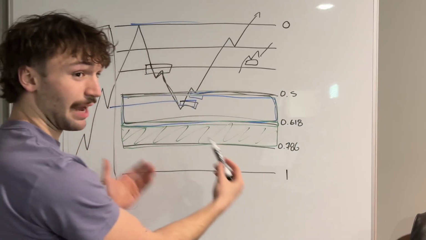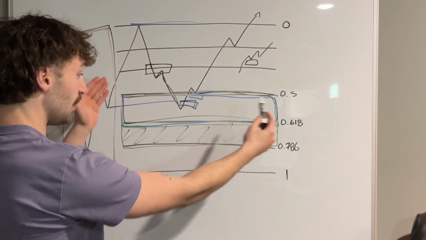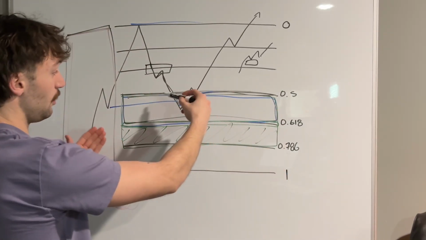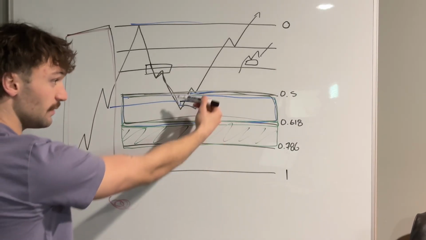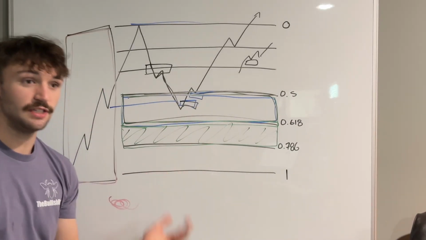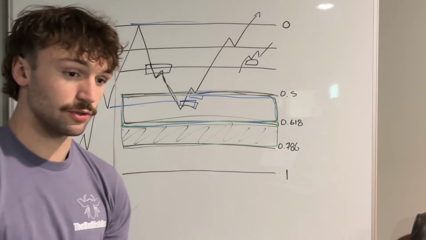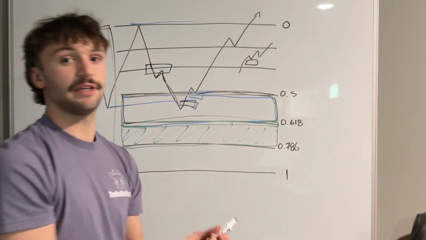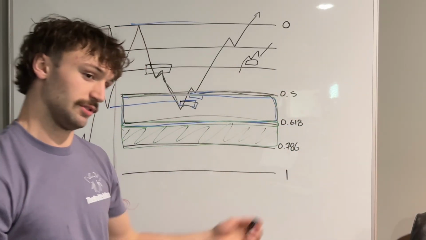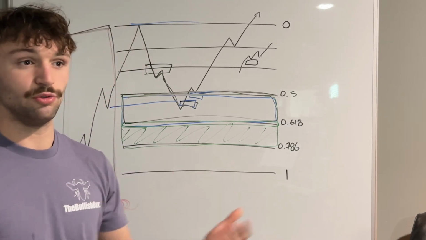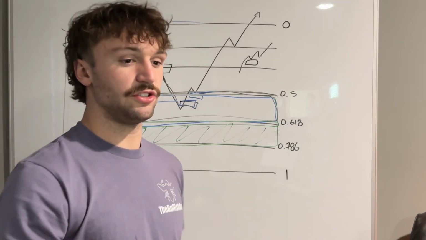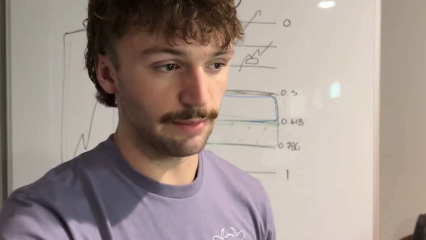Then you can retest down into your golden zone and then down into your second wave. And you know that anything below either one of these three lines is going to be a good discount on the stock that you are looking to own for a long time and you believe will go higher, because you have done your financial research and understand that this is a strong company that is set to grow in the future. Now, let's jump over to the chart and talk about some possible examples as well.